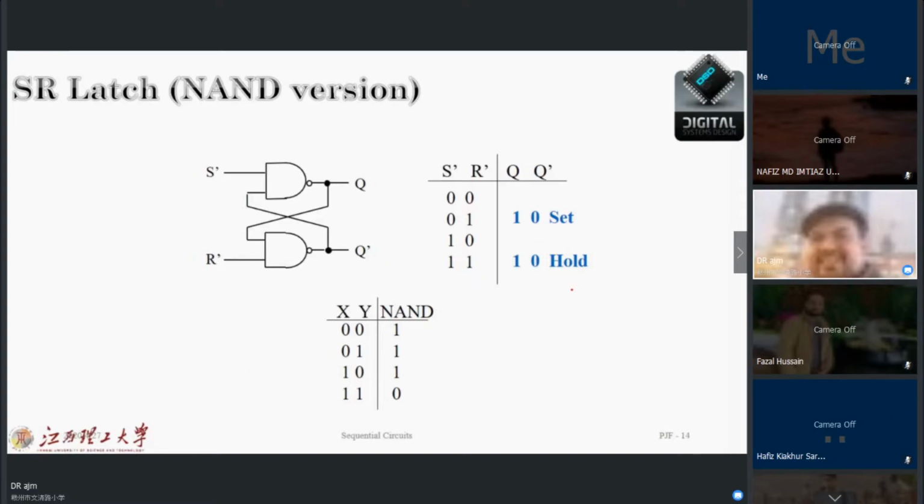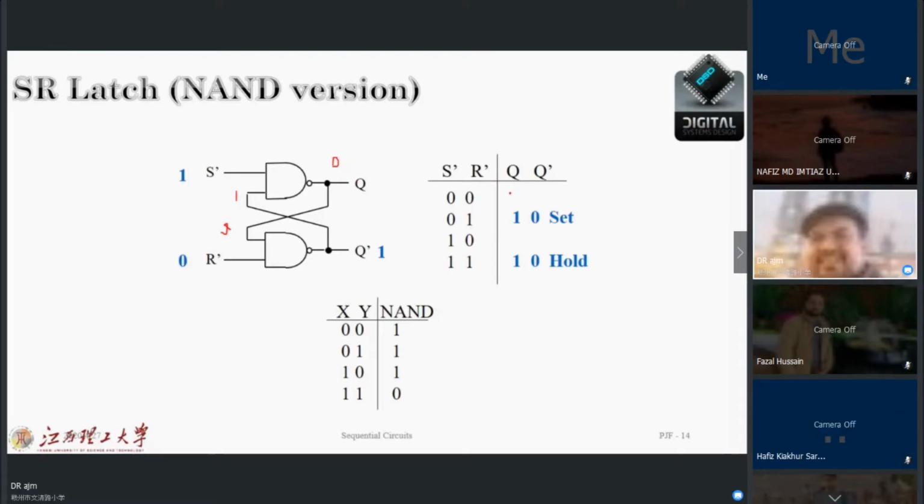Next, I assume S is equal to 1, R is equal to 0, and Q prime is 1. If Q prime is 1, then 1 will come here. S and S prime NAND is 0. 0 will come here. Then my output is 0, 1.